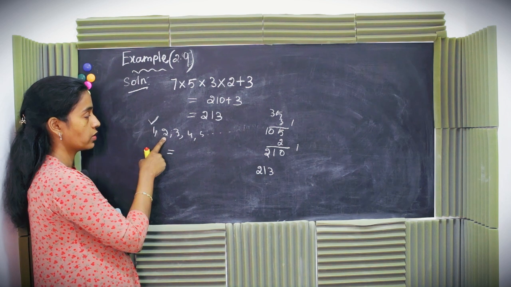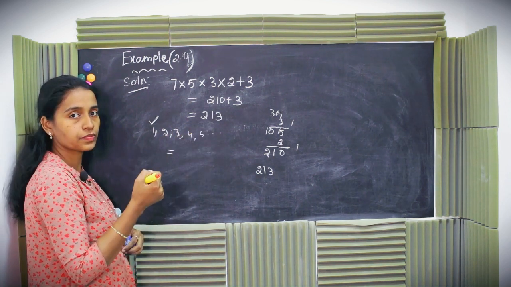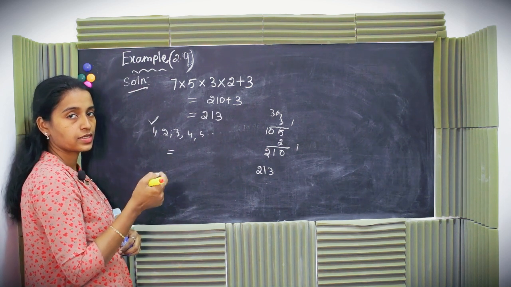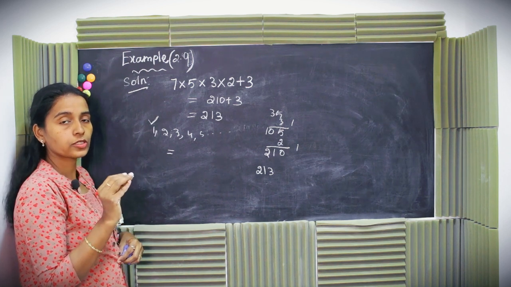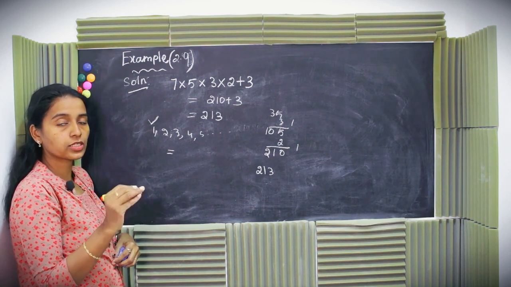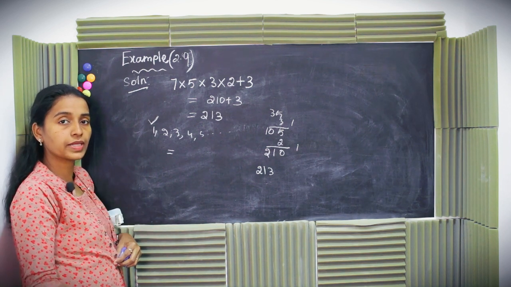And 2. If you divide 213 by 2, we'll be getting some remainder, right? The concept of a factor is that one number should be divided by another number without leaving a remainder. One number should be divided by another number completely.